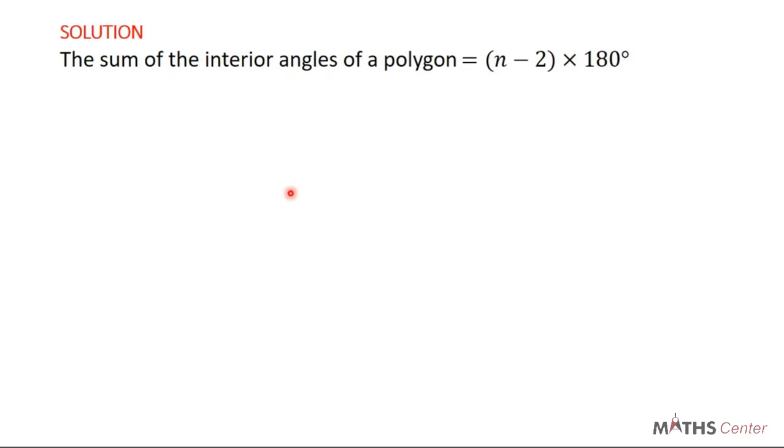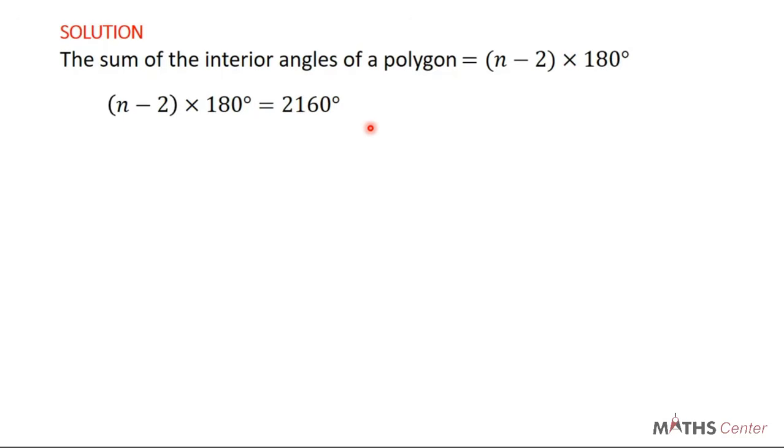We know from this formula that the sum of the interior angles of a polygon is given by n-2 times 180 degrees, where n is the number of sides. So it means that we can equate n-2 times 180 degrees to 2160 degrees. Then we can find n, and that n will give us the polygon that is giving us the sum of its interior angles to be 2160 degrees.